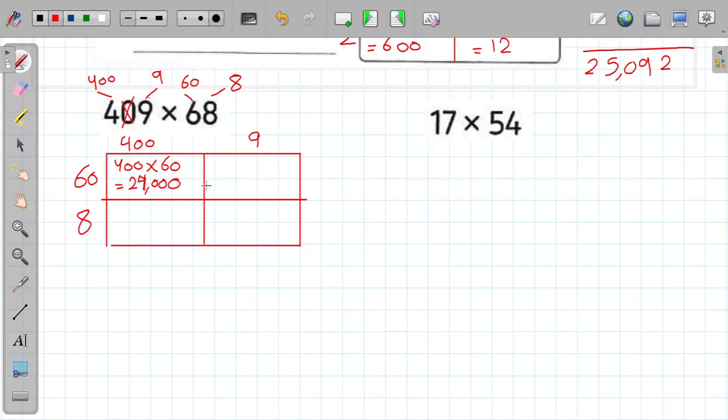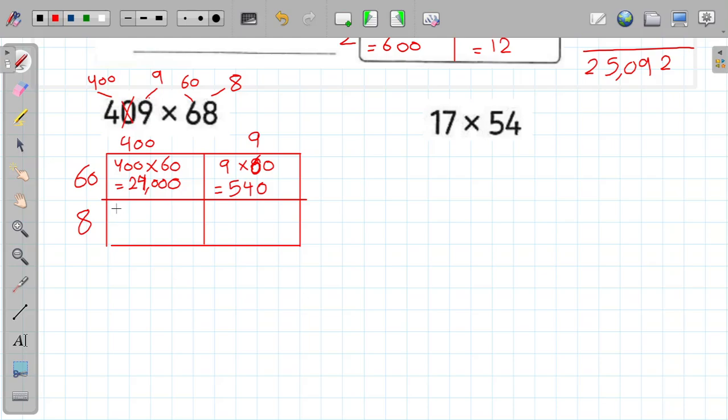Next I have 9 times 60. 9 times 6 equals 54, and I have 1 zero, so the result will be 540.